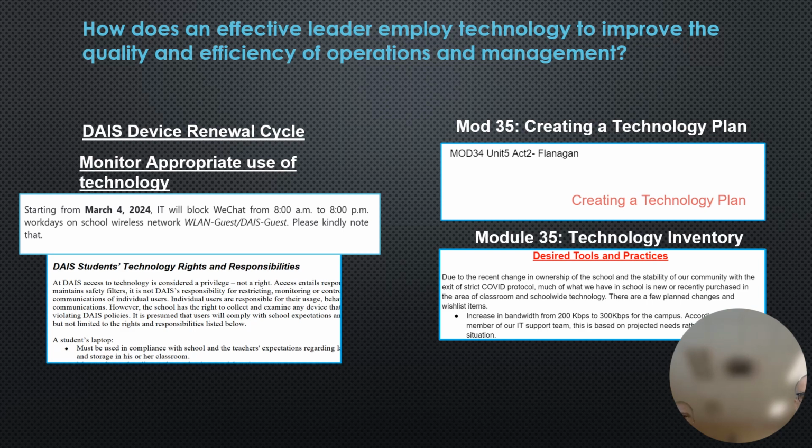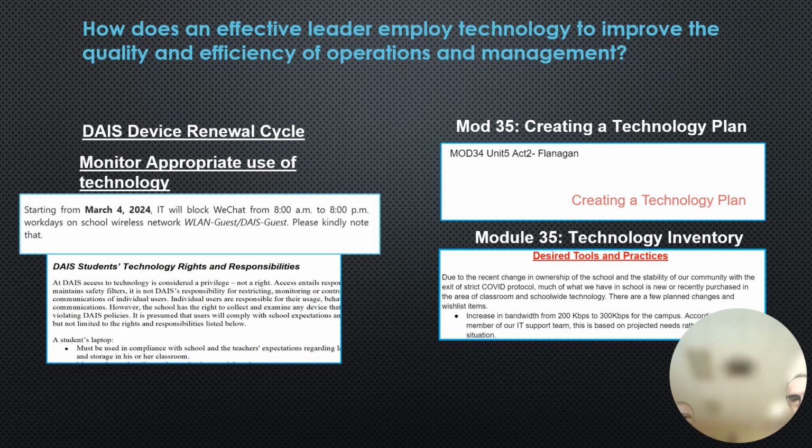Monitoring appropriate use of technology. We've gone over that before, but I wanted to include that again. It's hard to be efficient if you are using technology inappropriately. We were asked in our program to create a technology plan, which was rather challenging, but very informative.